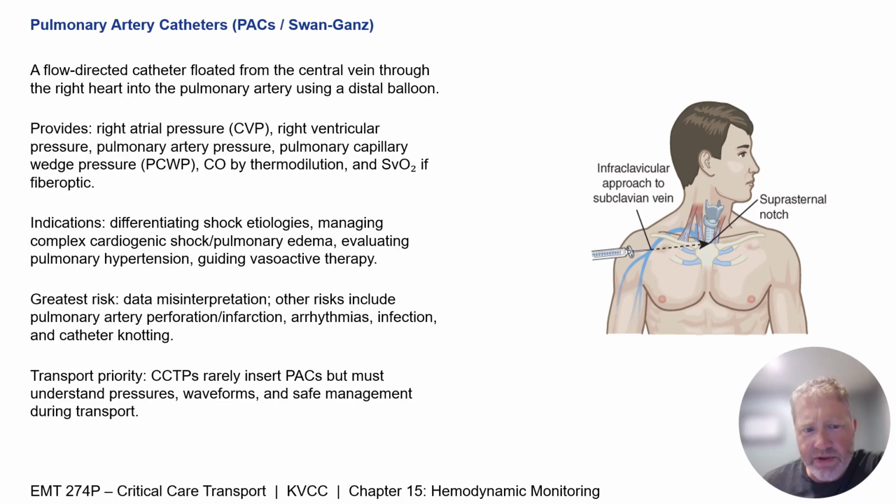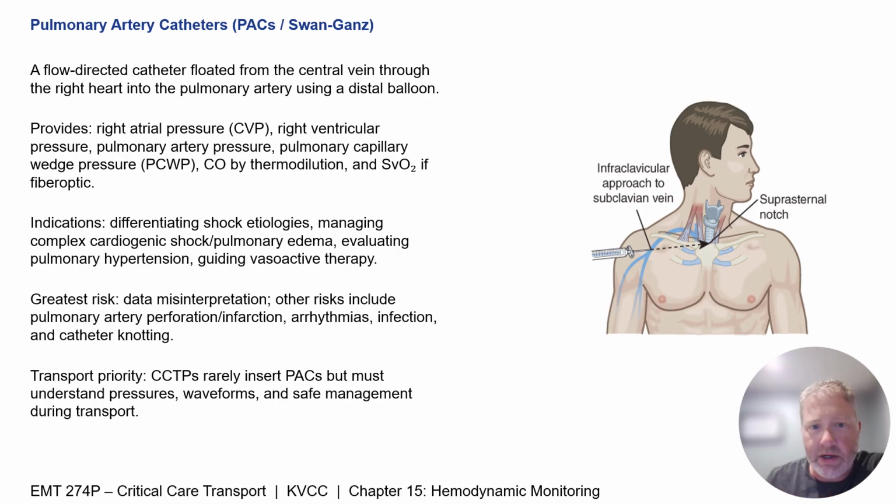Pulmonary artery catheters, or PACs, often referred to as a Swan-Ganz catheter. That's more of a historical term, but I think it's making a comeback. But in any case, the PA catheter is an advanced monitoring device that passes through the right heart into the pulmonary artery.